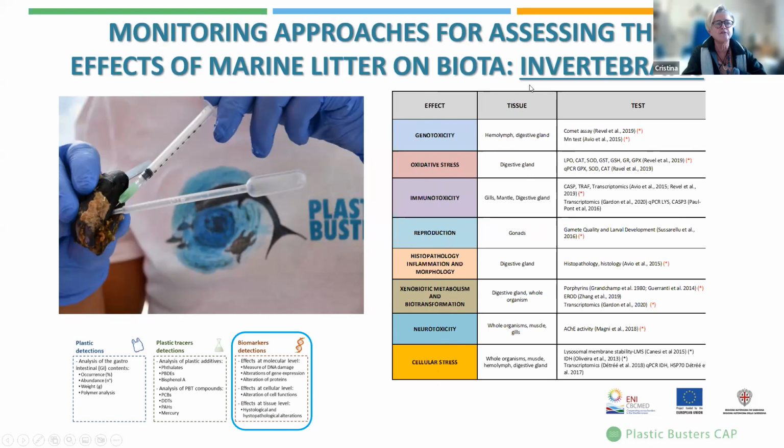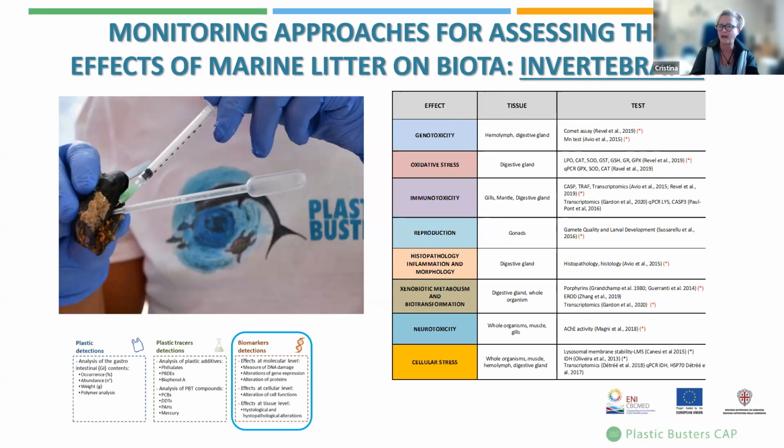Here we have identified the different biological tissues in which you can perform different analytical techniques. All these analytical techniques can be easily evaluated in the different matrices and can show a relationship with the presence or not of microplastic.